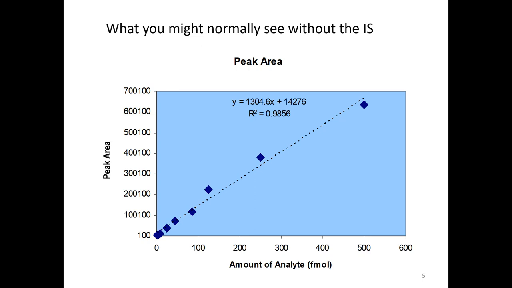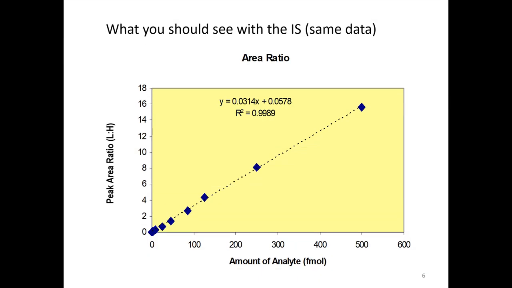So one of the ways that internal standards help account for variability is shown here, where I was plotting intensity, or peak area, of an analyte versus its concentration on the column. And this is just raw peak area. If I normalize the peak area of the analyte to an internal standard, watch what happens to those points on the line.